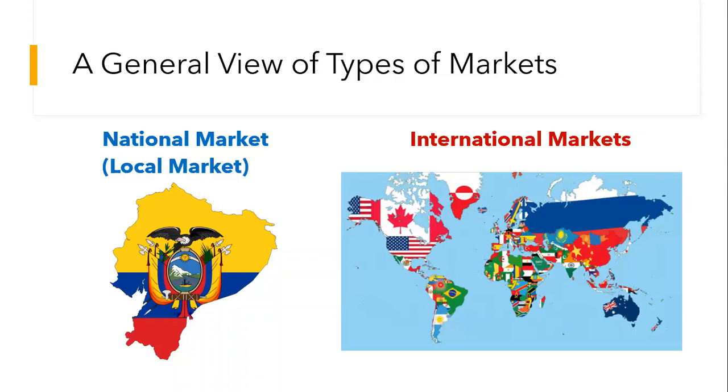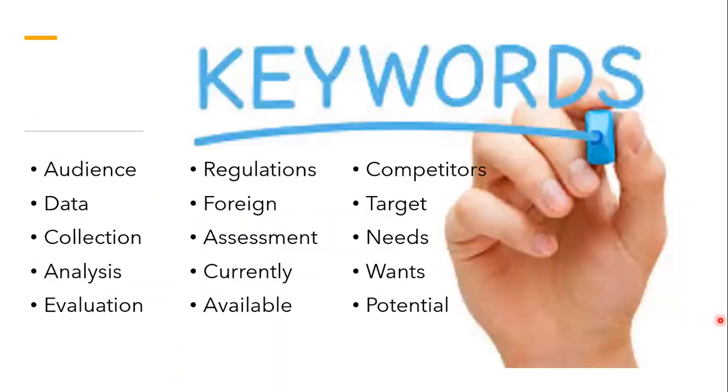Any other country. It can be Peru or Colombia, which are very close to us, or it can be further, like Russia, Australia, Canada, Argentina, whatever you want that is outside Ecuador. So these are pretty easy concepts for you now. I can continue knowing and being sure that you understand all those words.